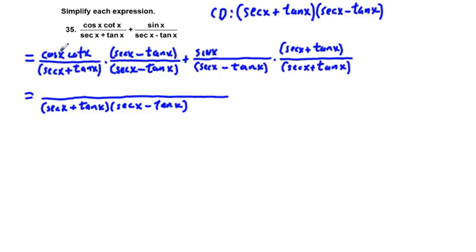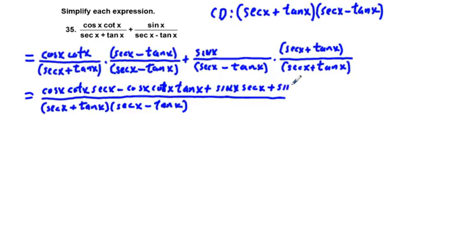And in the numerator, we have cosine x times cotangent x times secant x, and we're going to have minus cosine x cotangent x tangent x, plus, and now we're coming to the right here, sine x times secant x, and then we have plus sine x tangent x. So that's quite an array.